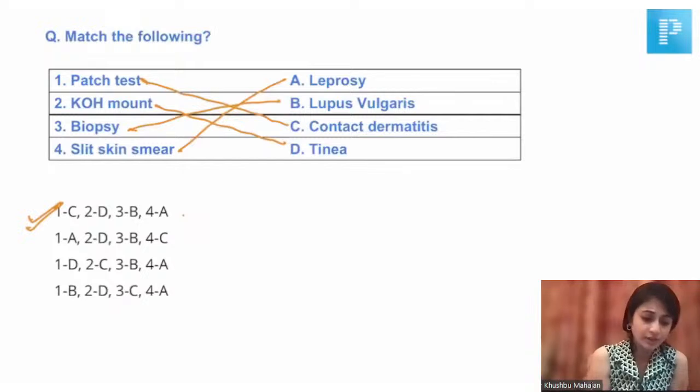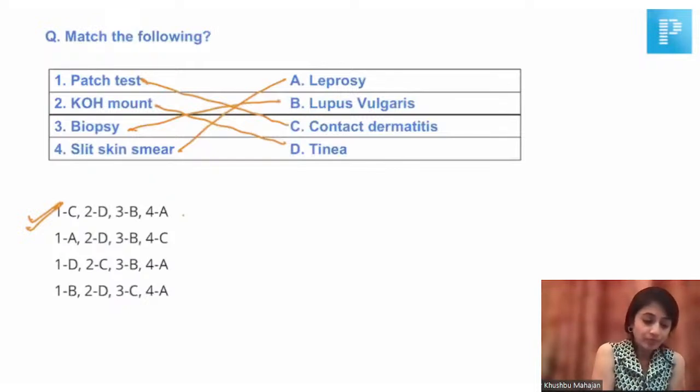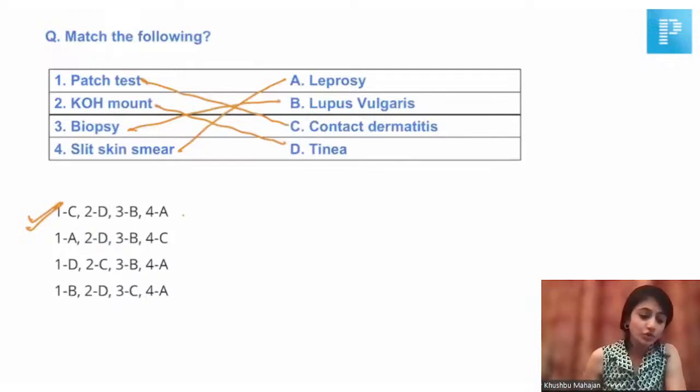Purulent conjunctivitis. Okay, so I think this may not be related to dermatology per se. Okay. So I think there was some question which was related to Kawasaki disease. However, I'm not able to get the options here and whether it was related to dermatology anywhere.